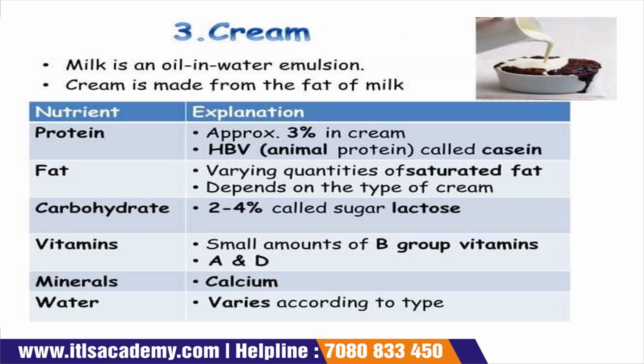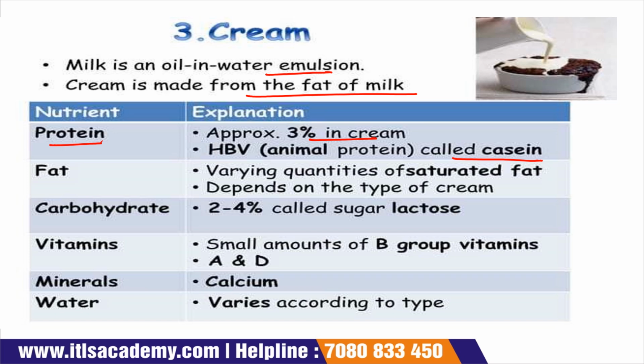Now the next one is cream. So milk is an oil in water emulsion. Cream is made from the fat of milk. Okay, and if we talk about the nutritive value of cream, then it will contain protein around 0.3%, and HBV protein like casein is also present.